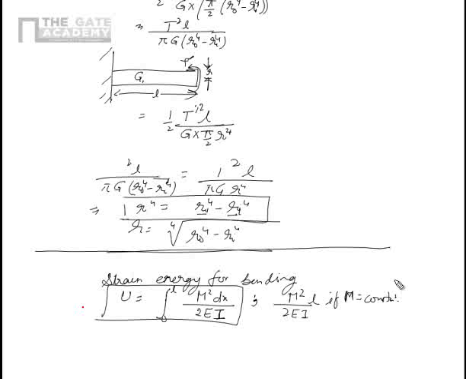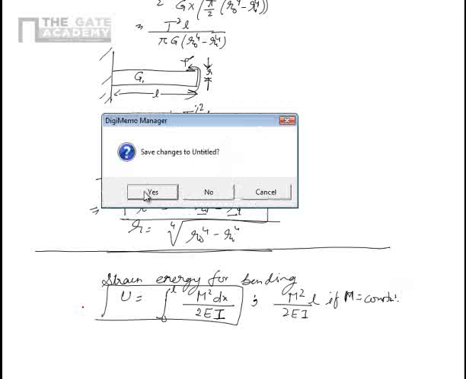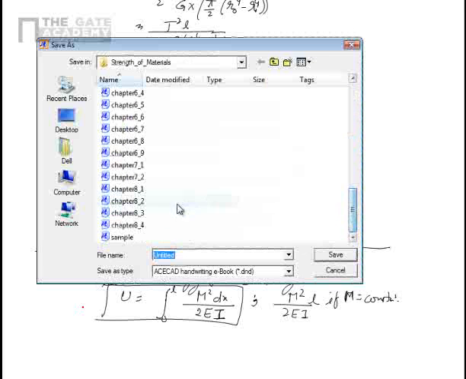Let's see this problem, which is the strain energy for cantilever beams.